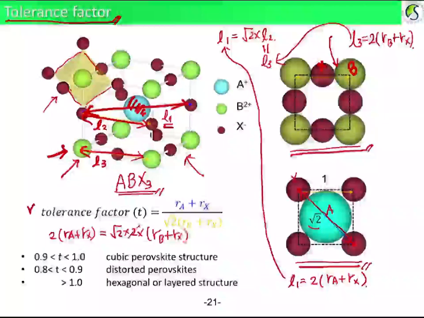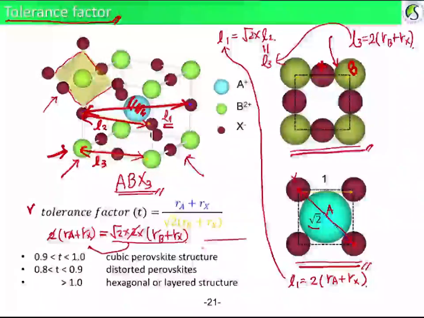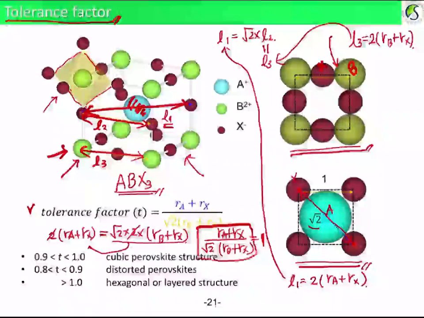So we can remove the 2, and then if we assume that it is an ideal cube, it should be the same. And then if we move this term to here, then root 2 times (Rb plus Rx) over (Ra plus Rx) equals 1.